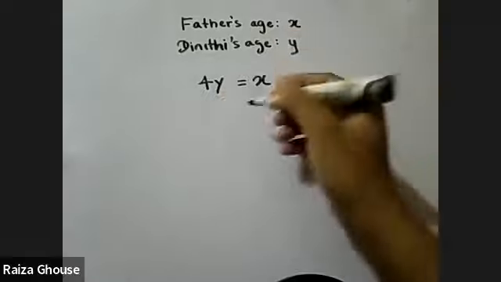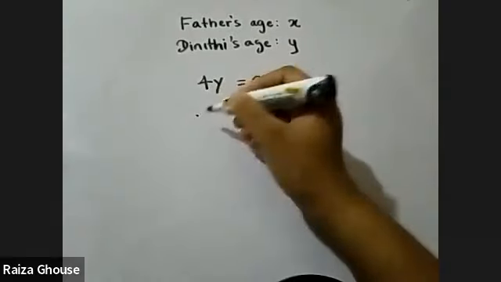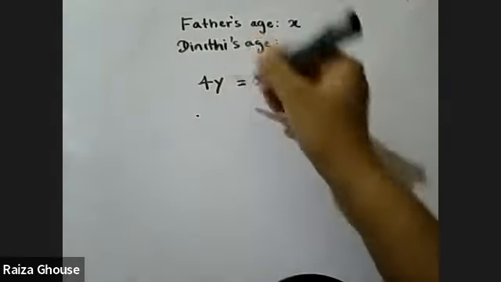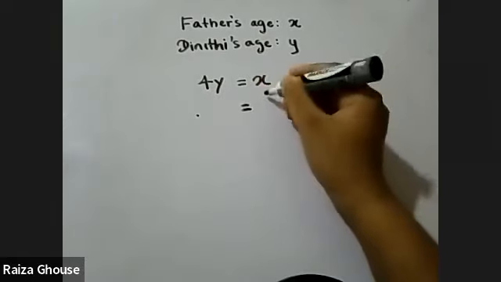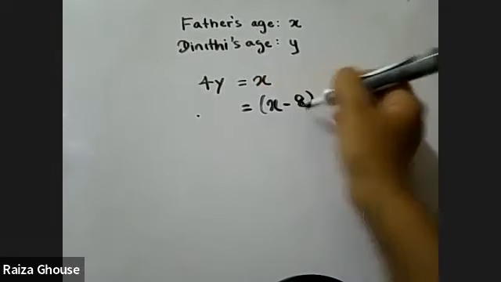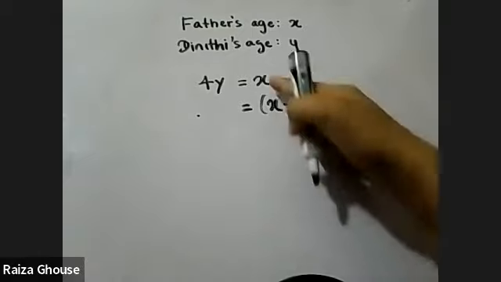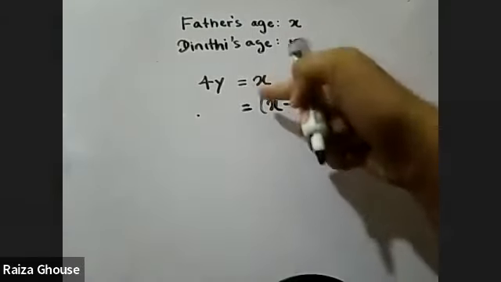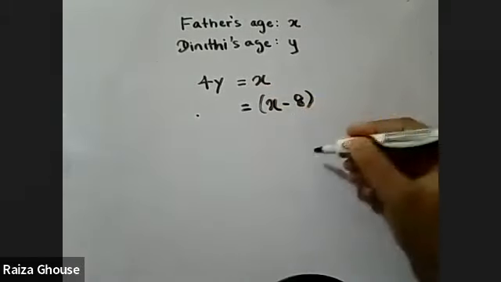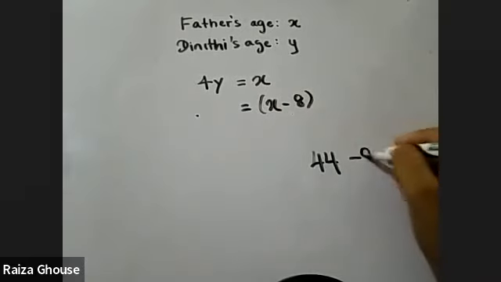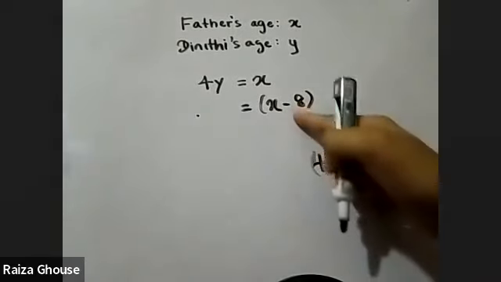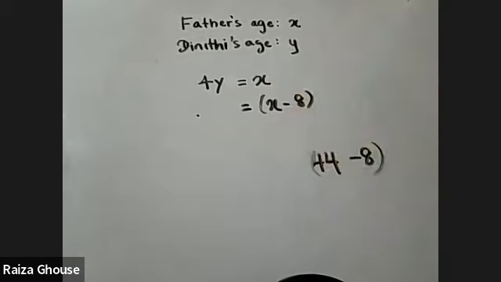That means father 8 years earlier is x minus 8. Now father is x; 8 years earlier is minus 8. If your father is 44 now, 8 years earlier, what's his age? That thing only I wrote here. Is that clear? Yes, miss.